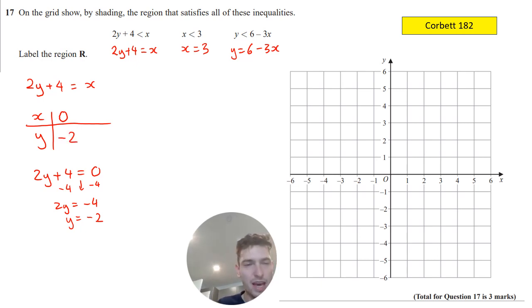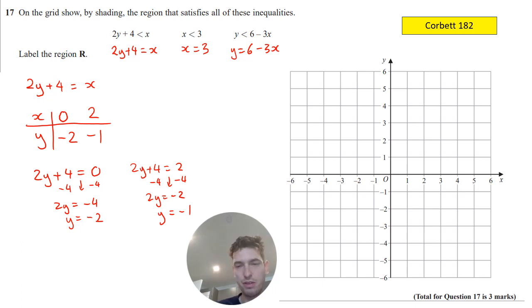What about when x is 1? Well, actually, I think that's going to give me a decimal answer. So let's try x is equal to 2. I'll do the same thing, and I get y is equal to minus 1.